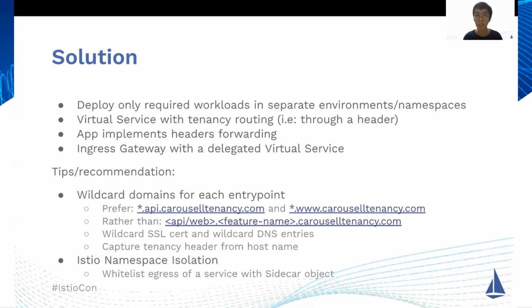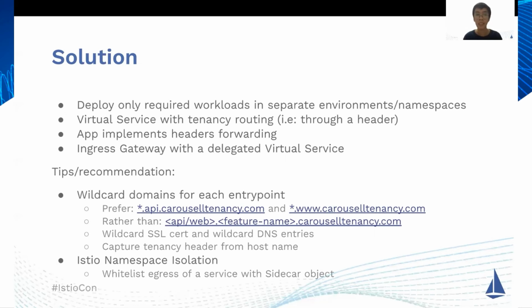Setting up the SSL certificate may take some time, and also we can have wildcard DNS entries as well. So all the domain and the SSL is pre-set up earlier, and people can access the dev environment directly.